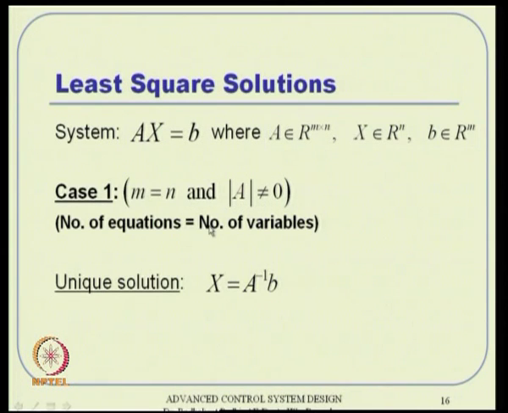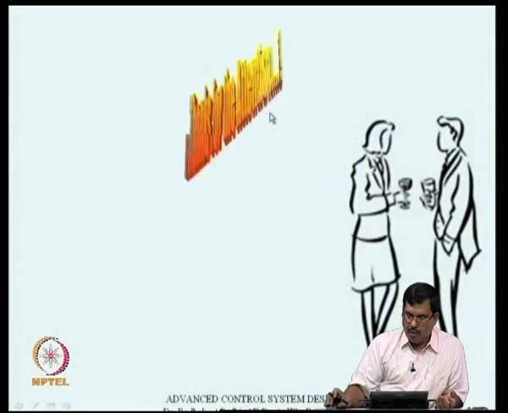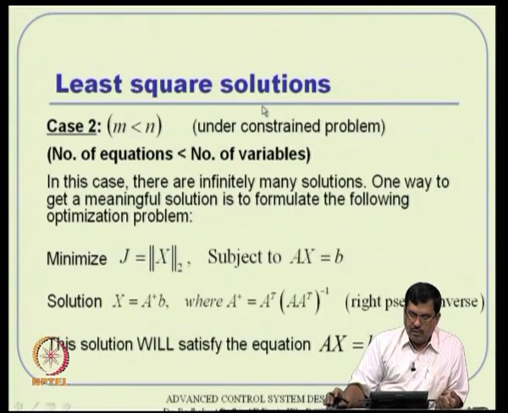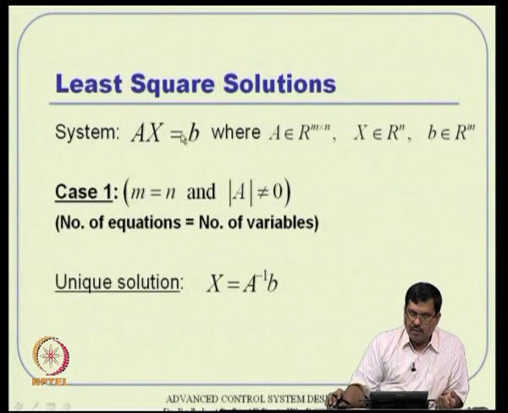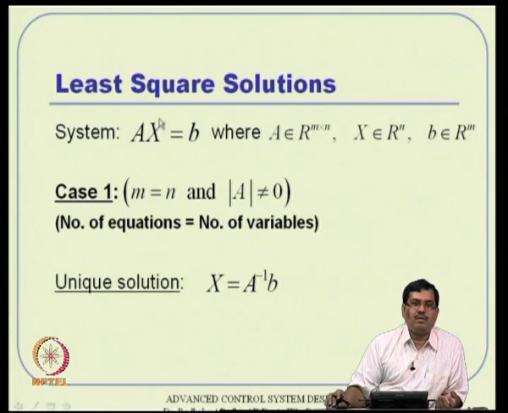Alright, the last concept in this lecture is what is called the least square solution. This least square solution is a concept very close to solving a system of equations. We will repeatedly come across this equation.